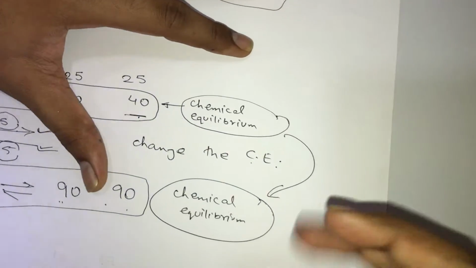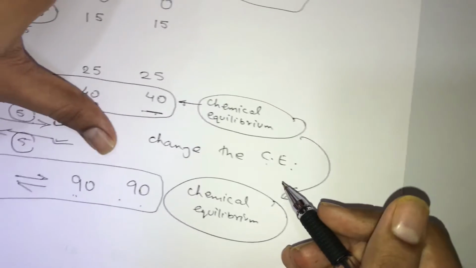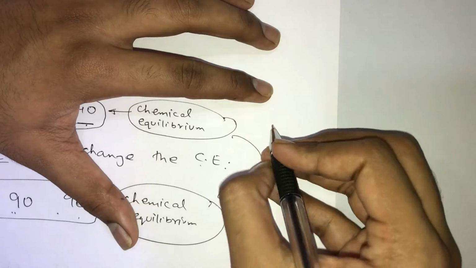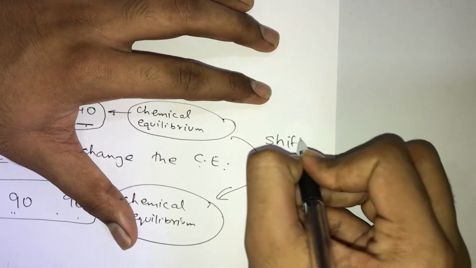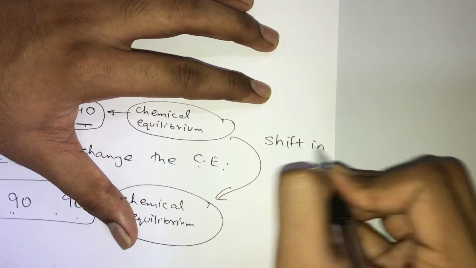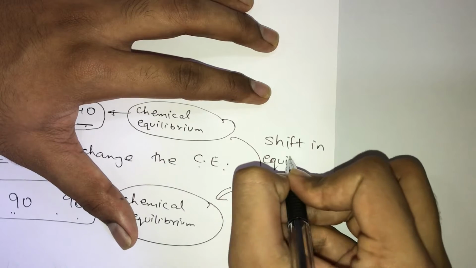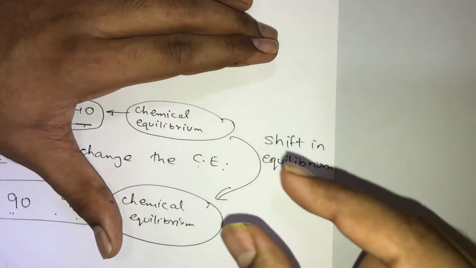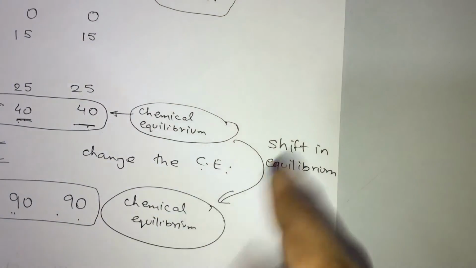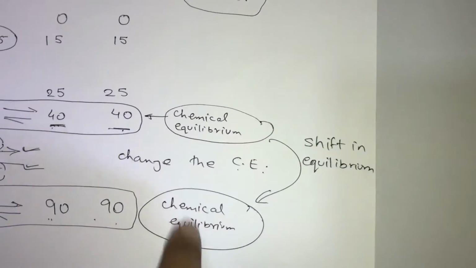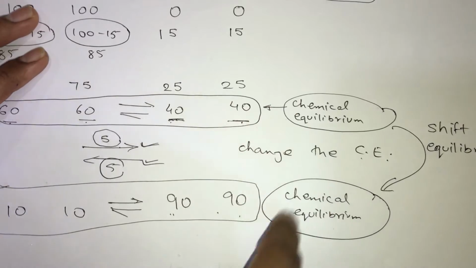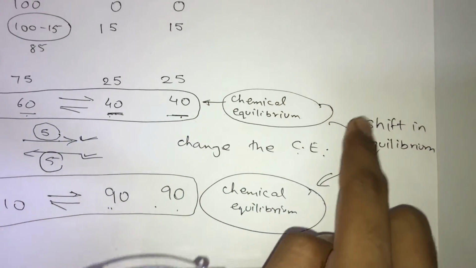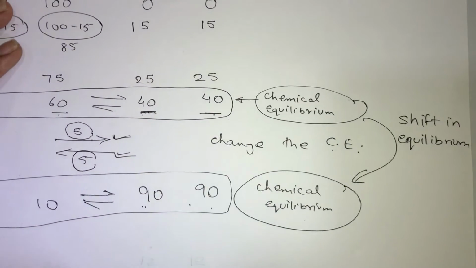Now this change in chemical equilibrium is called as shift in equilibrium. Okay, we will understand this topic ahead in a much better way in this video itself. Okay, so when you change the state of equilibrium, it is called as shift in equilibrium.